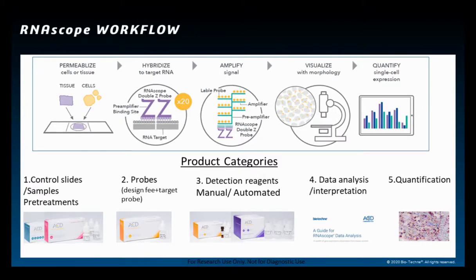Next, we add the proprietary amplification system in the form of detection reagents, which allows the visualization of a single RNA molecule in the form of dots and enables us to quantify the level of gene expression indirectly. The combination of probe design strategy and the amplification system allows for high signal-to-noise detection of the target RNA. Our products cater to each of these steps, providing ready-to-use reagents in most cases.